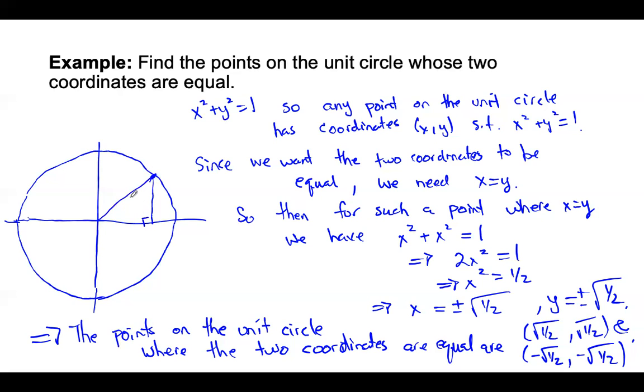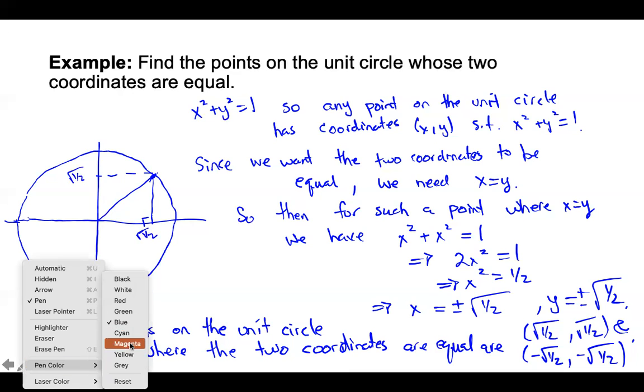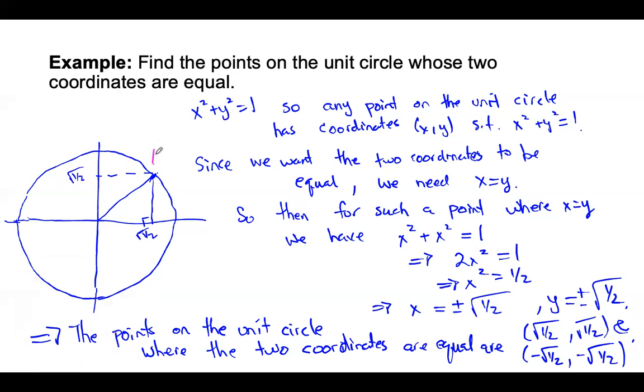So this point here, where they're equal, would be projecting as square root of 1/2 and square root of 1/2.